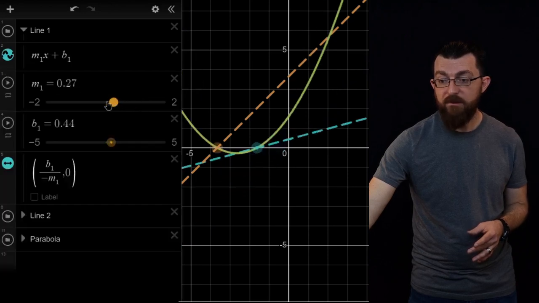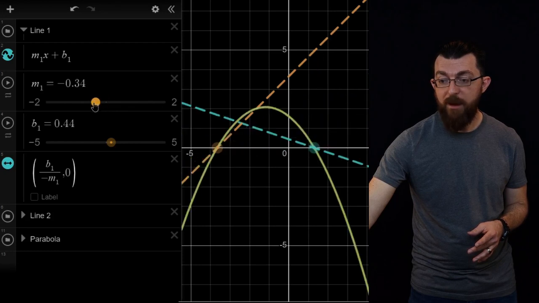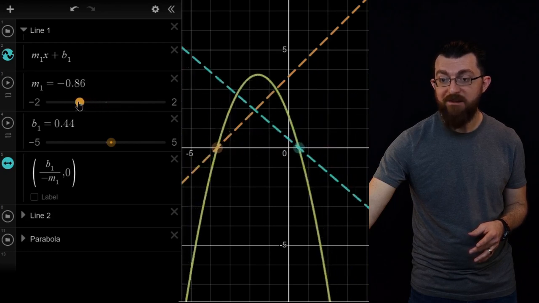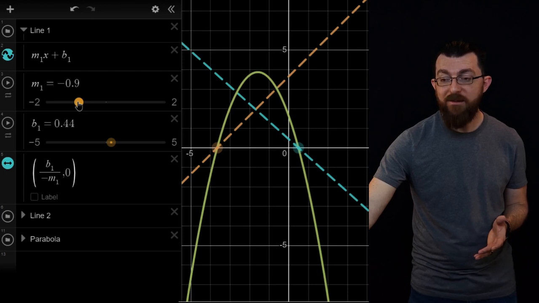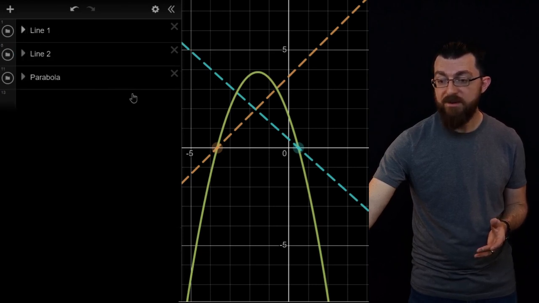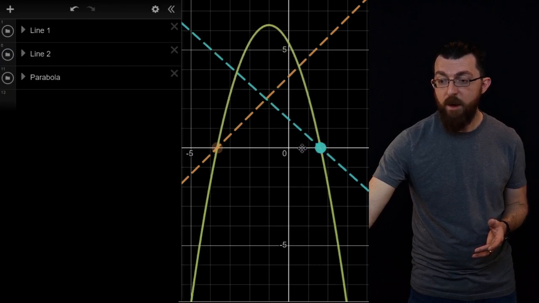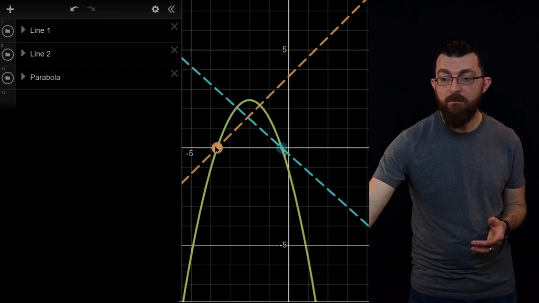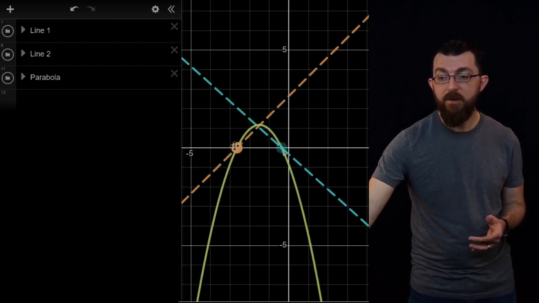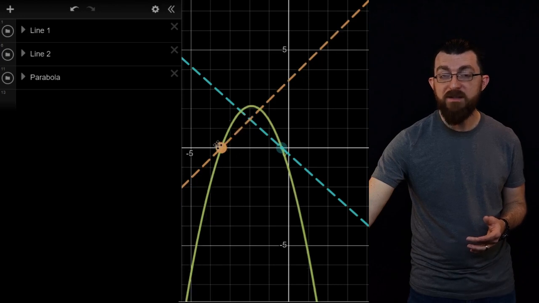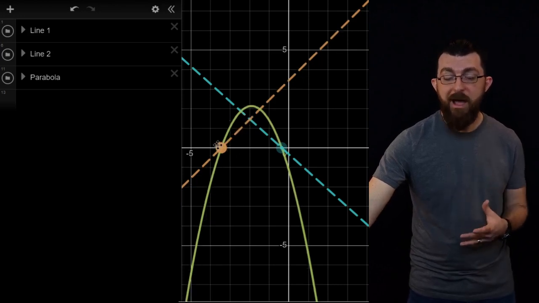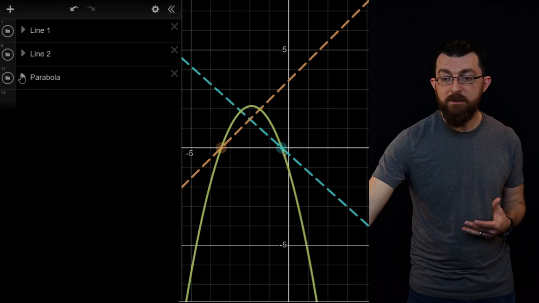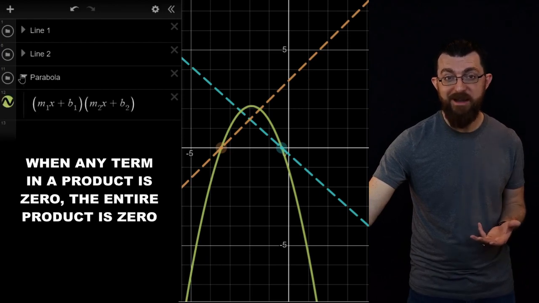If I make this slope negative, what I'm doing is I'm changing when the line is positive and when the line is negative. I can still move the x-intercept around and it should still follow it. But the point is, the x-intercepts of the parabola come from the x-intercepts of the line. And what you can do is construct this parabola out of those lines simply by multiplying them together.